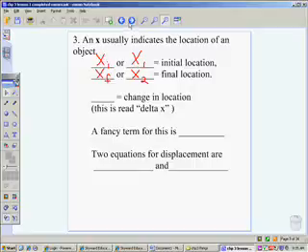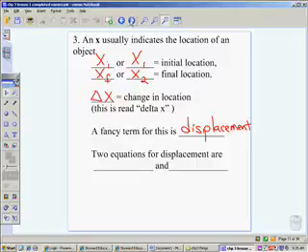Number 3. The change in location is a triangle x, read delta x. And delta is a symbol used for change in. You may have seen it in chemistry class with a delta capital T, which means change in temperature. We could have change in just about any variable at all. A fancy term for the change in x is displacement.